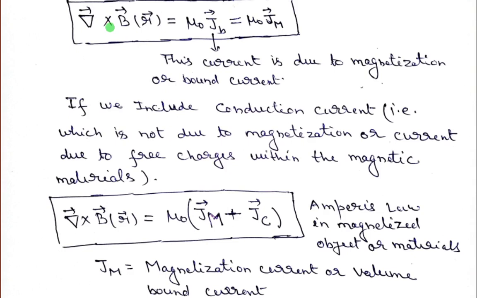So if we try to write Ampere's law in matter, we have to include two currents.